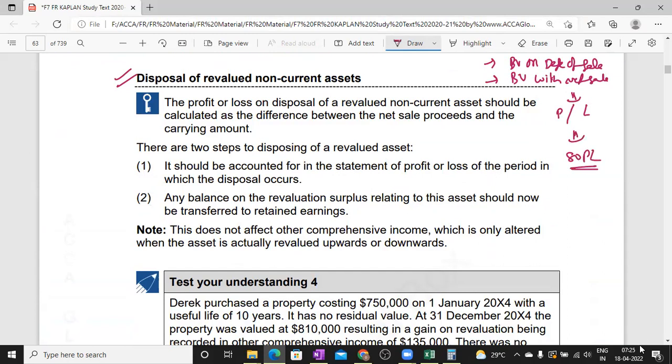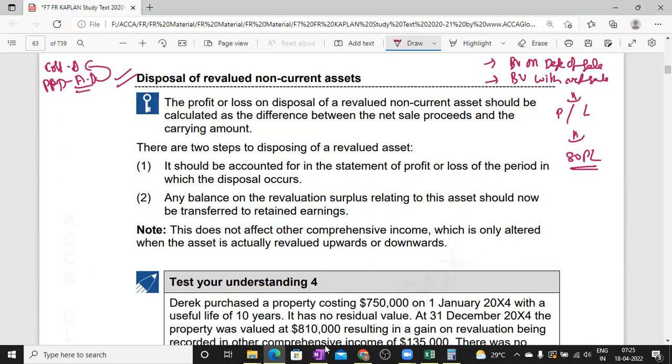And on that day, any provision for depreciation is also transferred to the statement of profit and loss. For this, what is the journal entry? Generally, cost is maintained in the asset account. For provision for depreciation, we create a separate account called the accumulated depreciation account. Then first we transfer this accumulated depreciation to the asset.